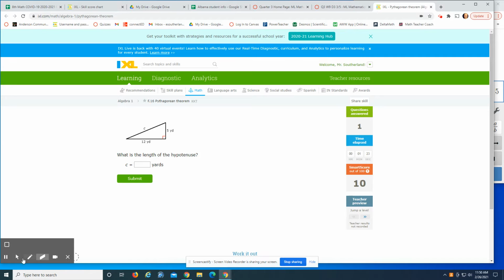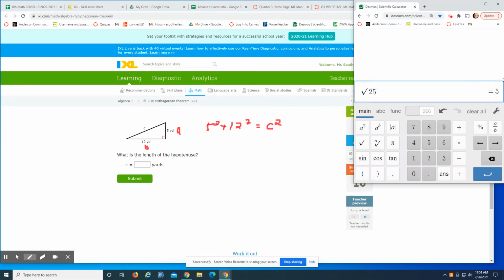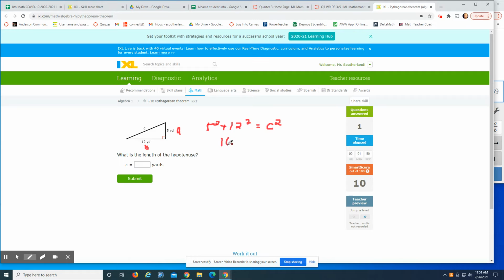And it's another C squared is missing. I do the same thing, A, B. And so I would do 5 squared plus 12 squared is equal to C squared. I would type that into my calculator. 5 squared plus 12 squared is 169.